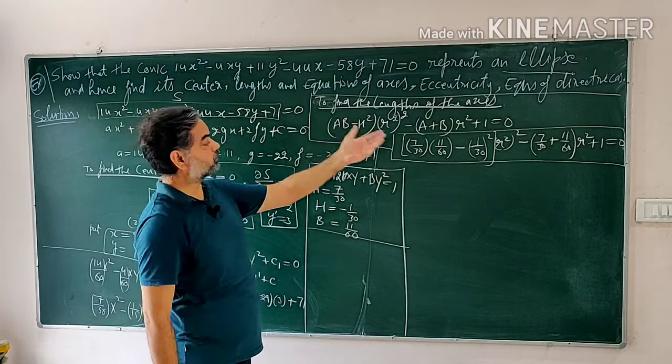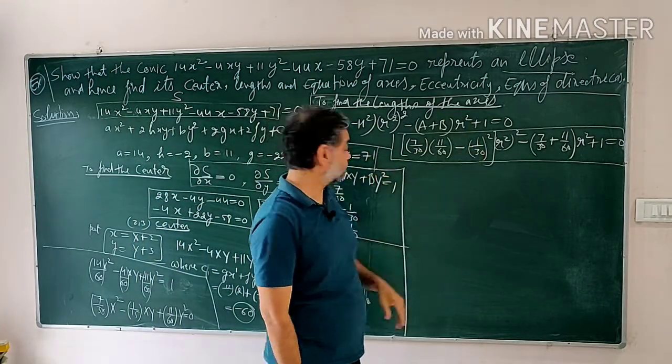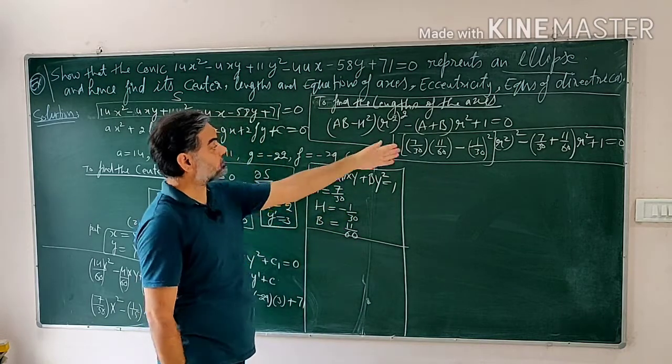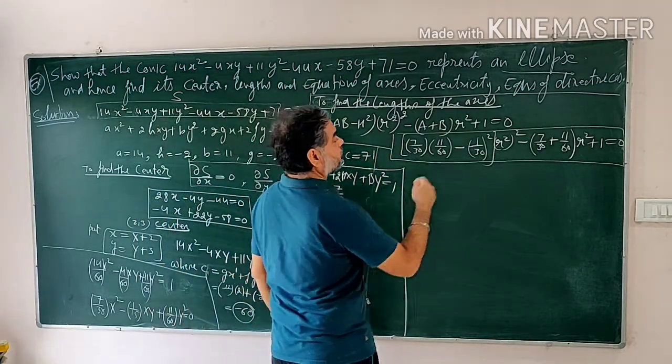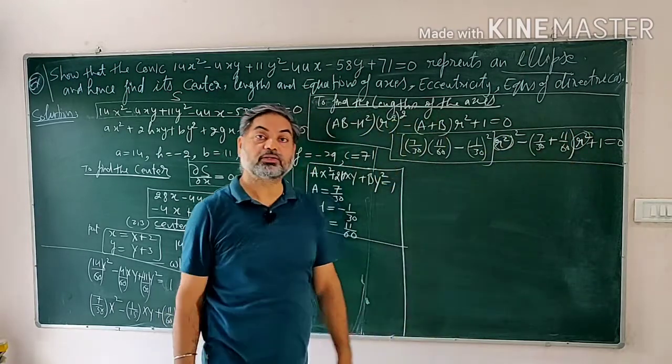So solving this equation by putting the values of a, b and h here, this is a quadratic equation in r square.